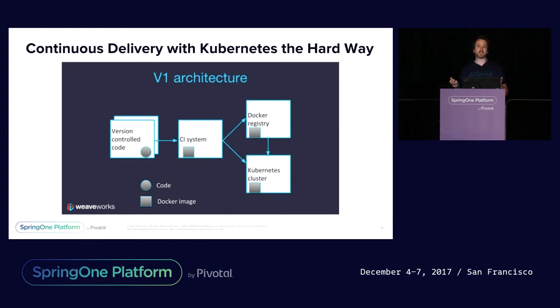So first, they started very simple. You check in your code. It triggers a build. And then in the CI system itself, through some task that you would have, the build would publish to the Docker registry. And then you'd have kubectl push, the equivalent of updating a service.